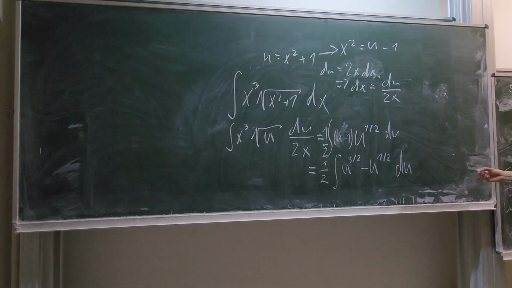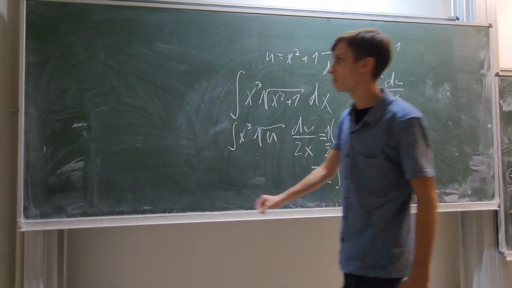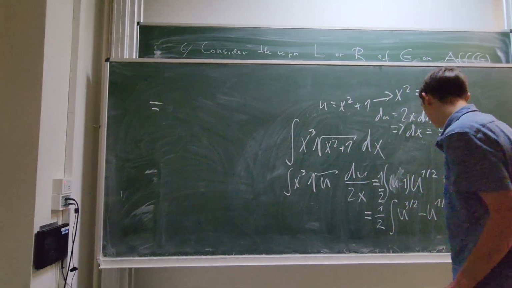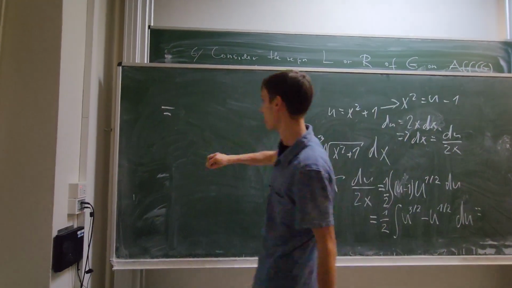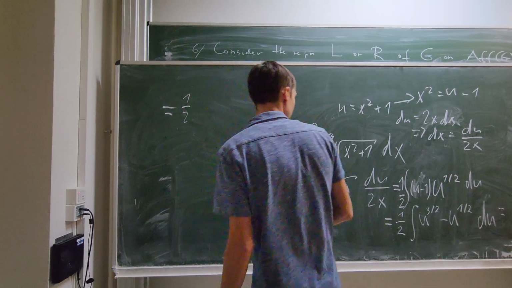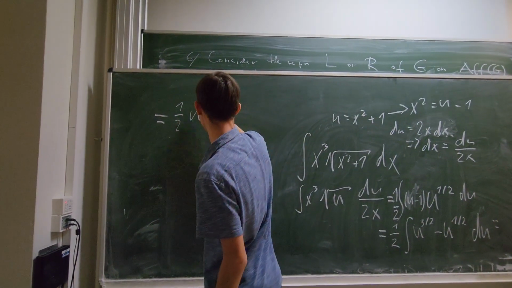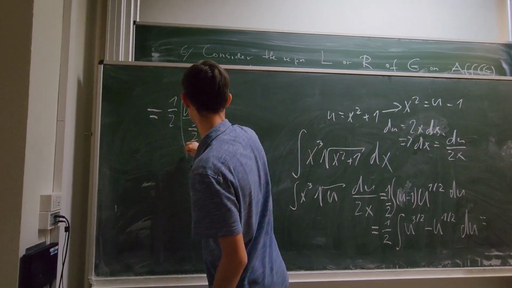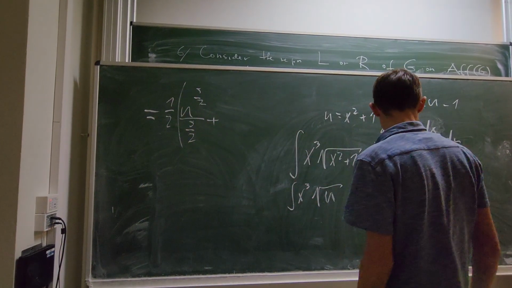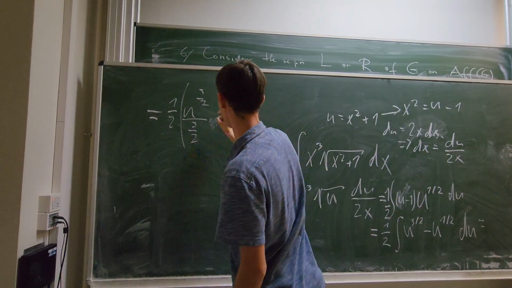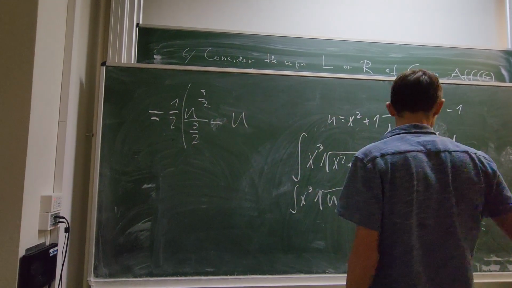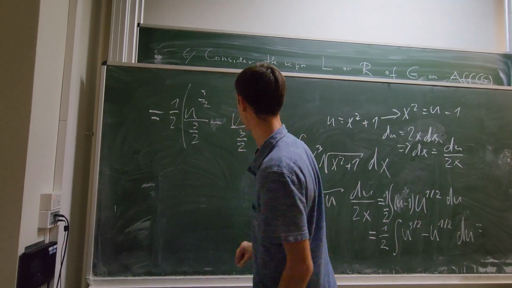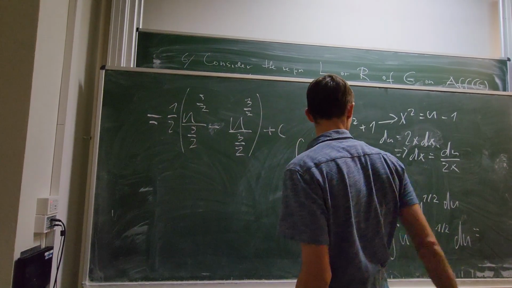Now, this is nice, and maybe we'll go a little bit to the left because we've run out of space. The point now is I can just further integrate this the normal way. This ends up being u to the 5/2 over 5/2, all this in the parentheses, minus u to the 3/2 over 3/2, plus c, of course.